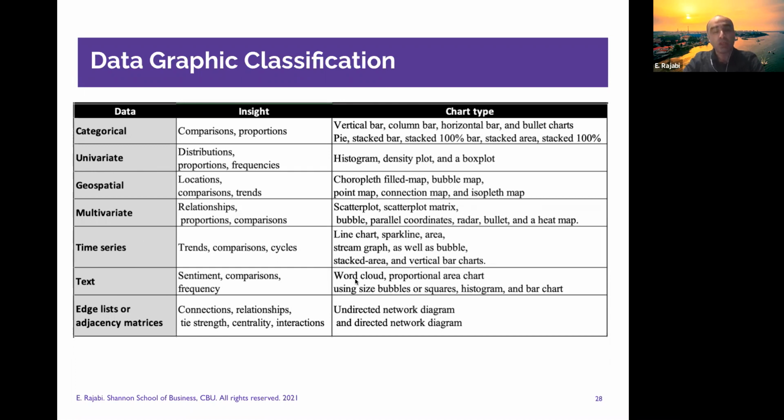For example, we can use word cloud, proportional area chart, or we can use bubbles, or even histogram to show the words in a text. For connections, relationships, centrality metrics, we can use undirected network graph, or directed network graph, or diagram.